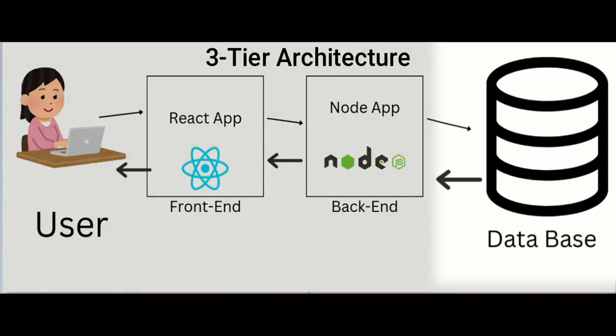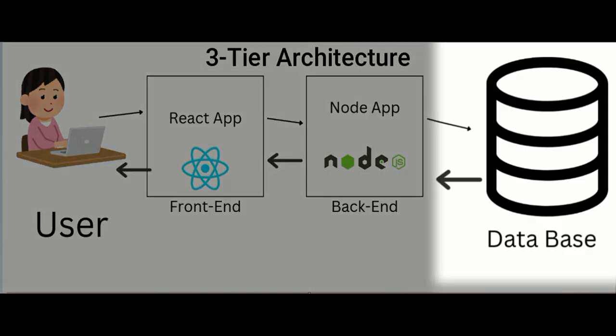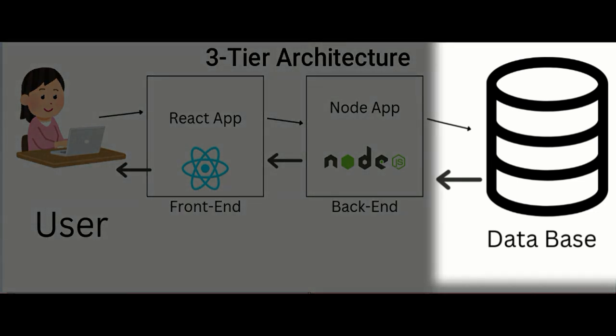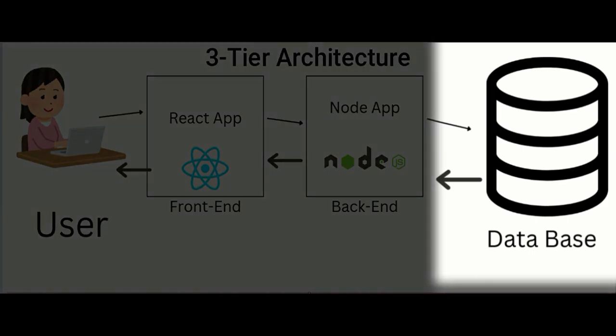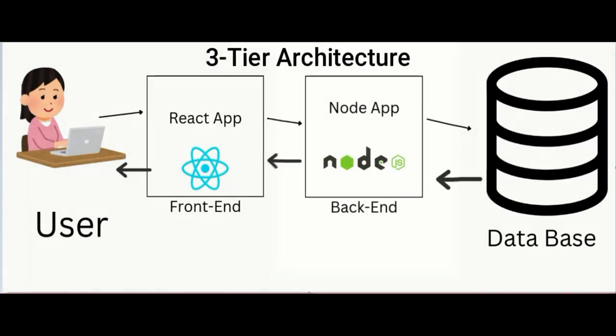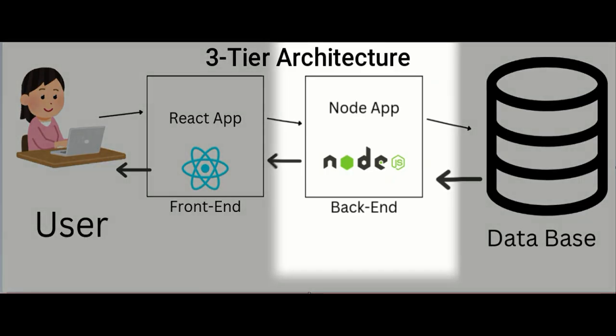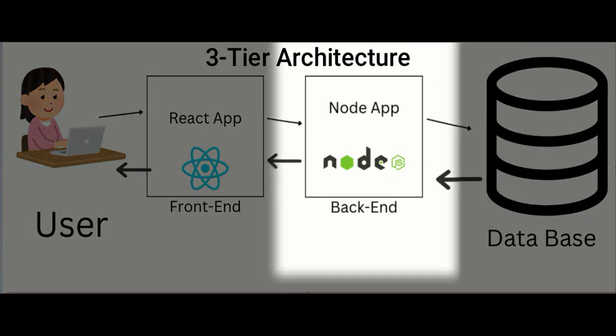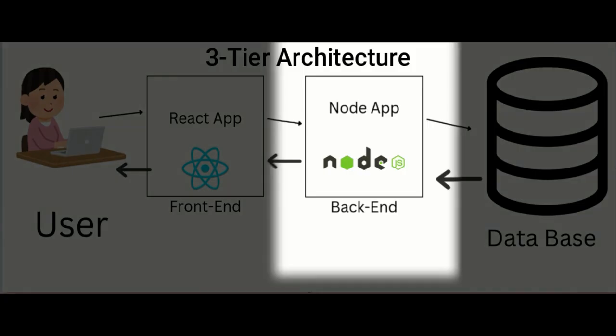The information that displays on the UI is stored in the database, which is the third tier. But how does that information get fetched and displayed on the UI? This is where the backend comes into the picture, the second tier of the architecture.